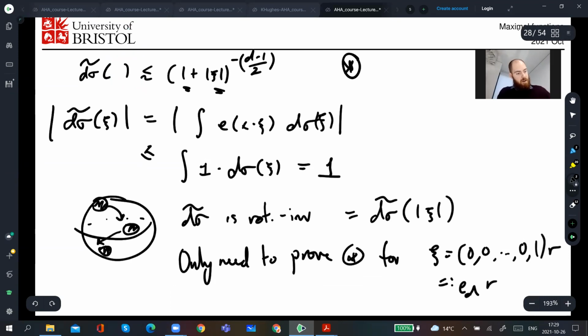Basically, all I have to put here is r e_d. And so what I want to show here is this bound in terms of r. And maybe r is a bad choice because r you might think of as radius. Let's call it lambda. Great.